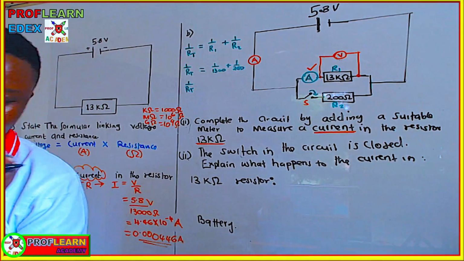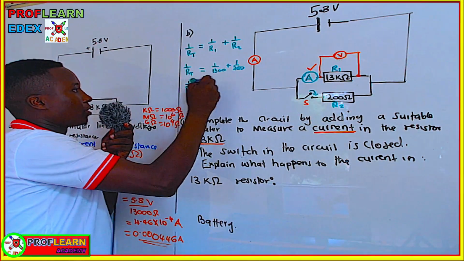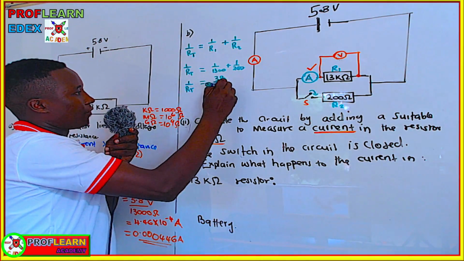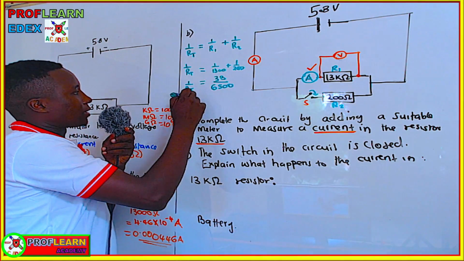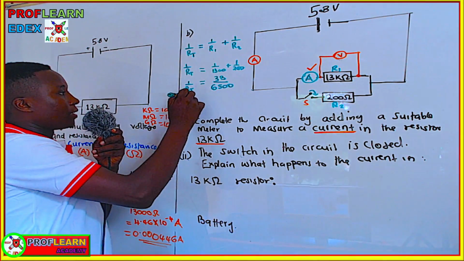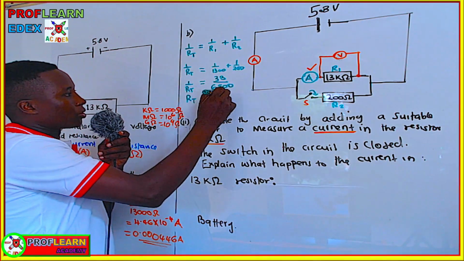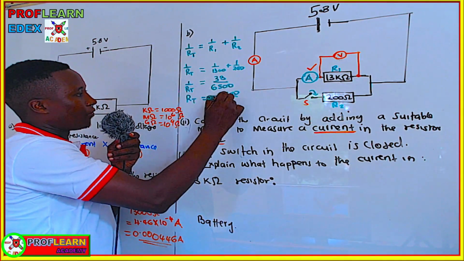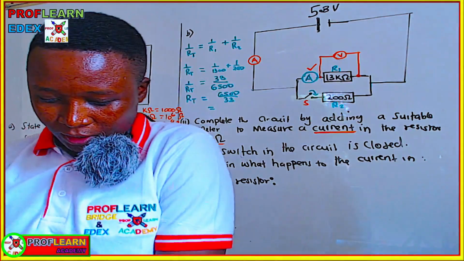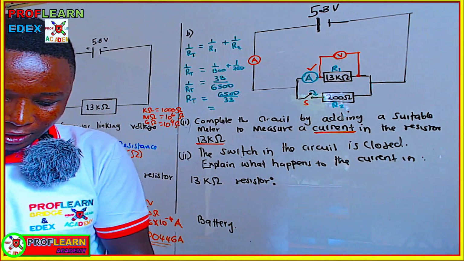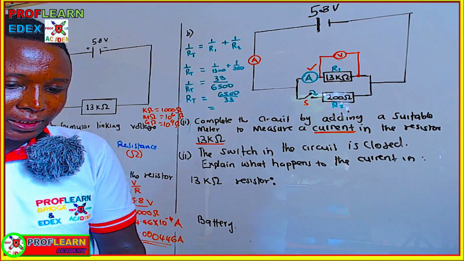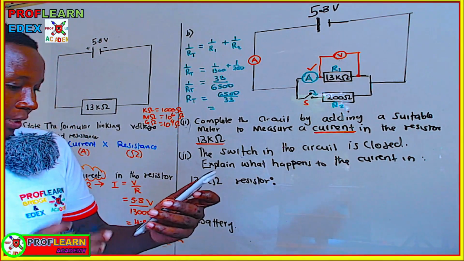So 1 over R total is 33 over 6,500. If we want to find R total, we need to find the reciprocal of this. R total equals 6,500 over 33.